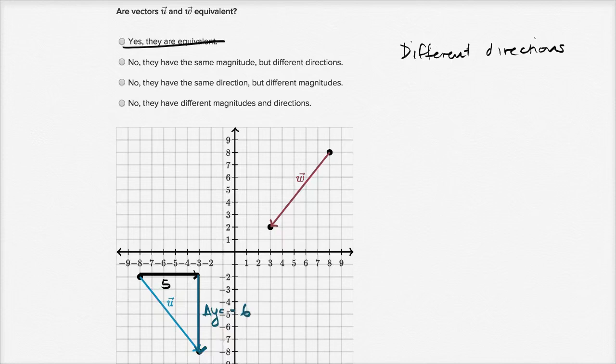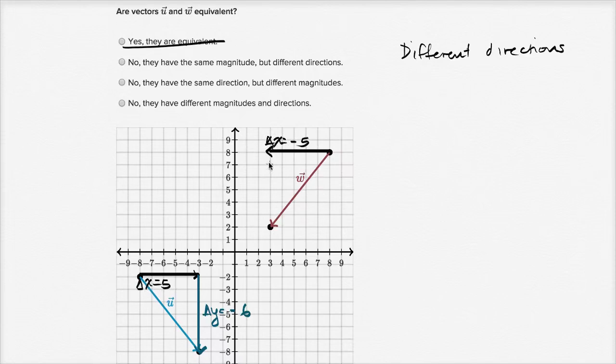Now let's think about this one over here. What's my change in x? Well, I'm starting at x equals 8, and I am going to x equals 3. So my change in x is -5. Let me write that. This is my change in x.